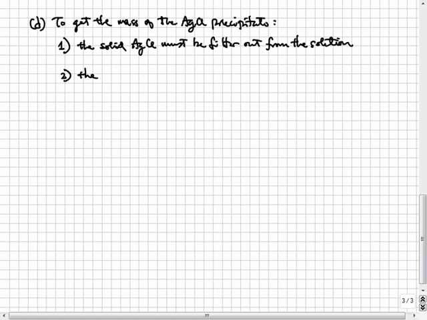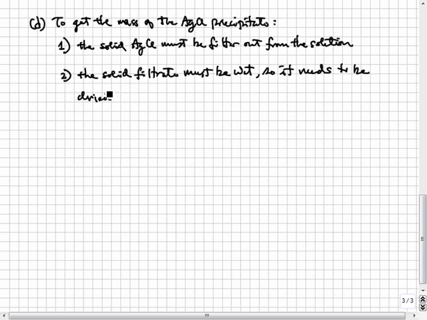Wash and dry the filtrate. And 3. Weigh the dried sample to determine its mass.